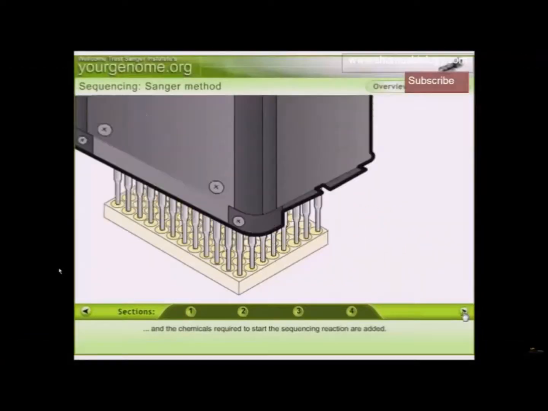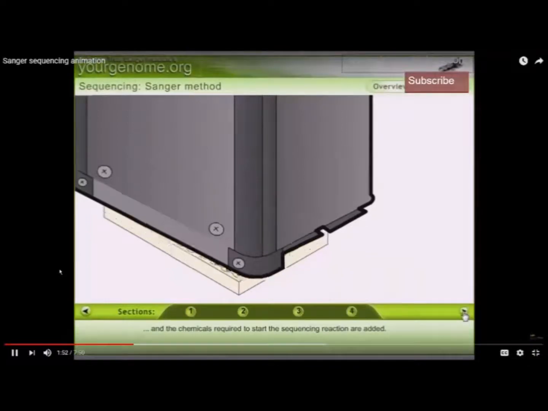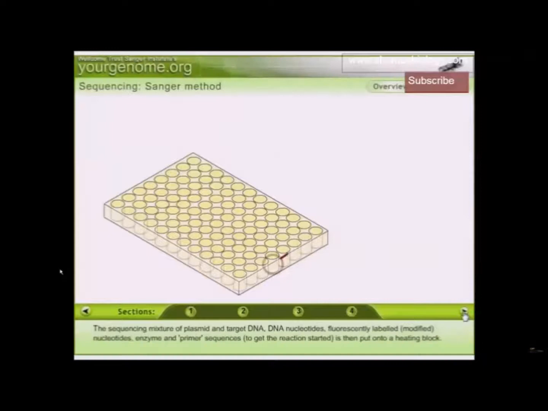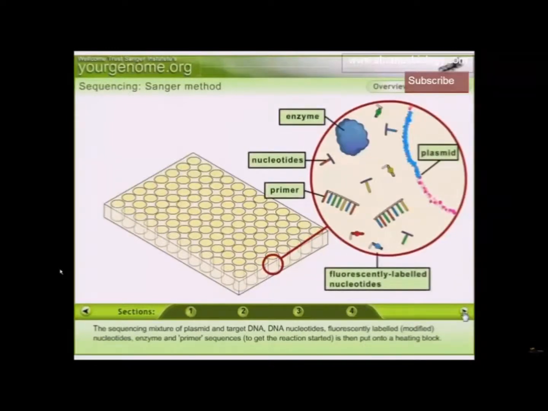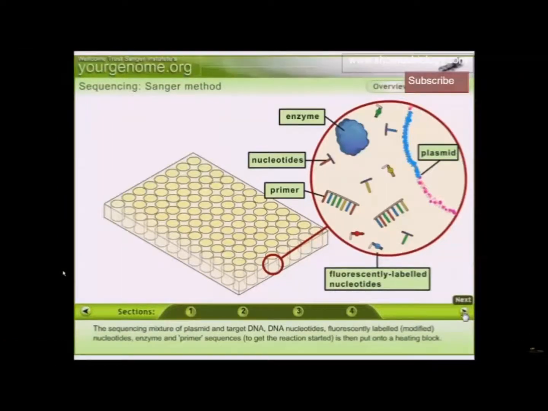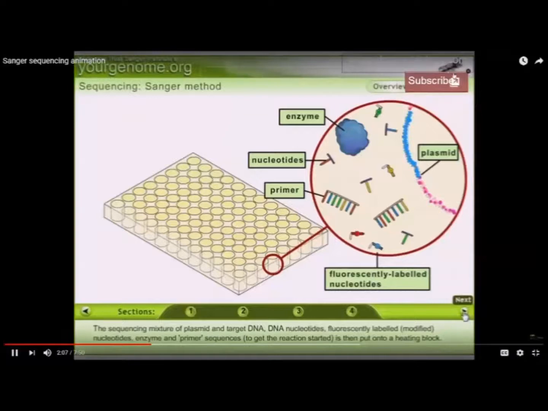And the chemicals required to start the sequencing reaction are also added during this time. The sequencing mixture of plasmid and target DNA, DNA nucleotides, and fluorescently labeled or modified nucleotides, enzymes and primer sequences to get the reaction started is then put onto the heating blocks.